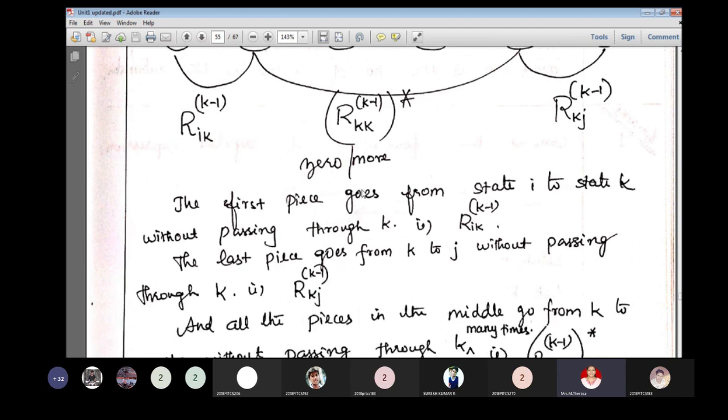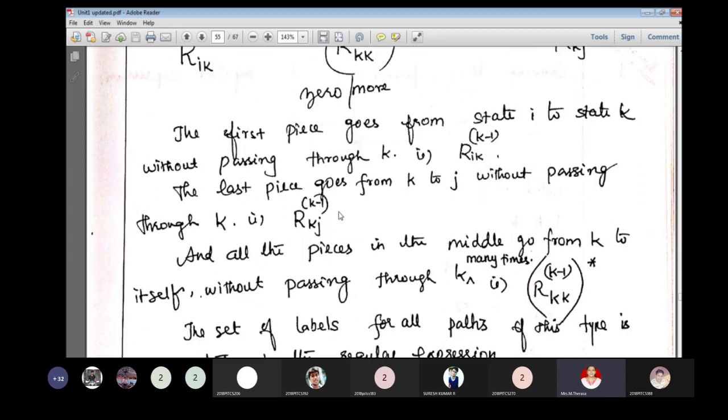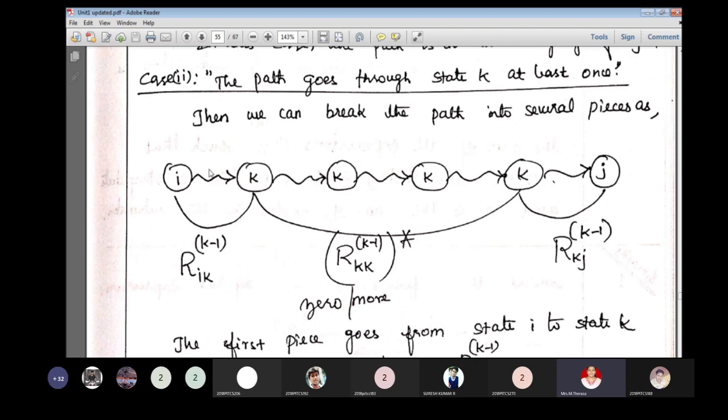So you have two options. The first piece goes from i to k without passing through k, so there is no self loop for k. That can be represented as R_ik^(k-1). And the last piece is R_kj^(k-1), so from i to k, then k to j.